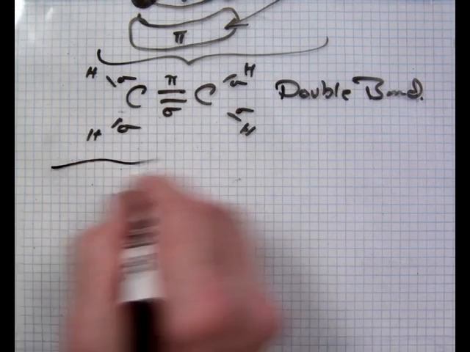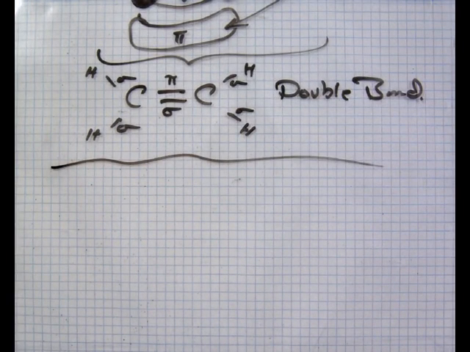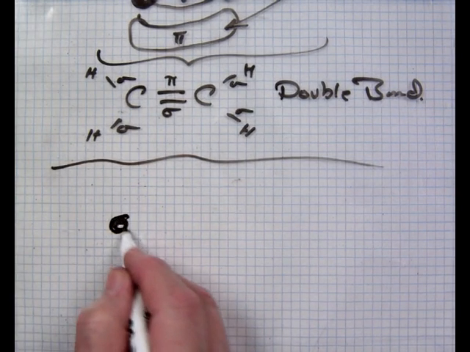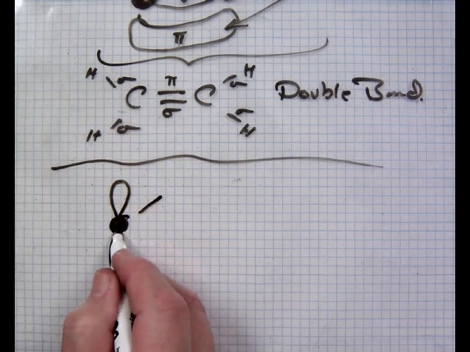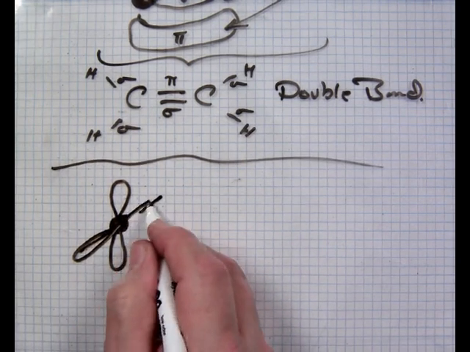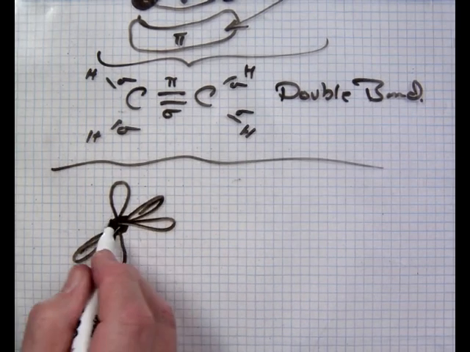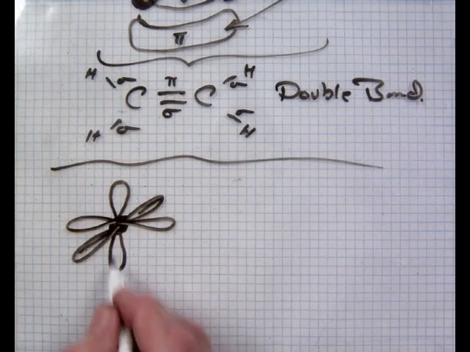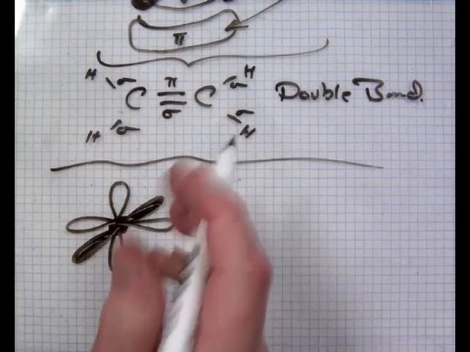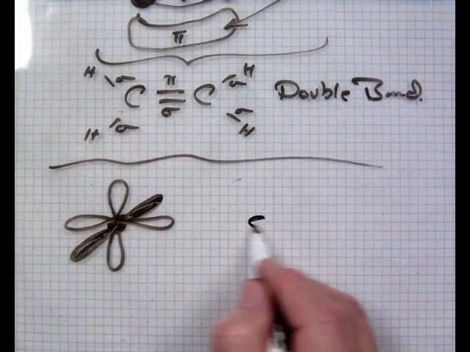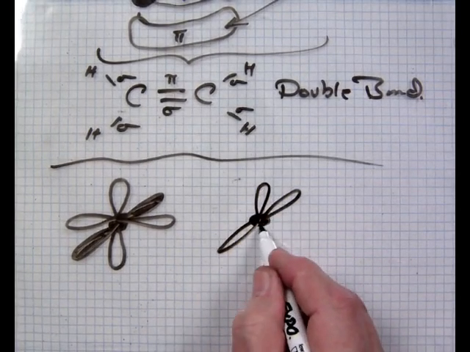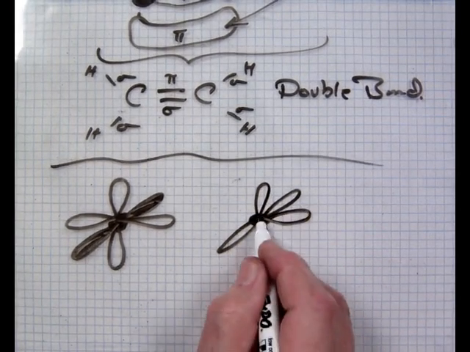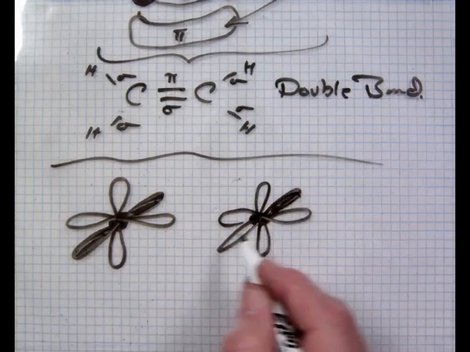The last one is where carbon undergoes a change or looks like this. Now you've got an orbital in and out of the board coming back and forth. And then you have another one over here that does the same thing. Back and forth, and this one.